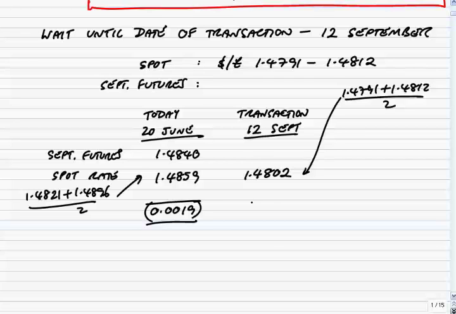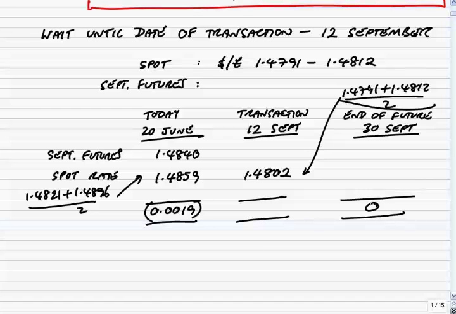But to get the futures price, we're going to have to estimate the difference and then go from one to the other. And remember, we assume that at the end of the future, here the September futures again, so the end of the future is the last day, the 30th of September. On that day, the difference will be 0.